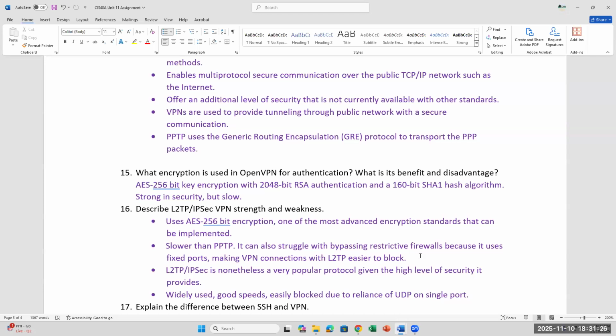So it's going to use a fixed port, and if you're using L2TP, sometimes you are going to get blockage. Even legitimate users might get blocked there, and that might require multiple attempts in order to connect.